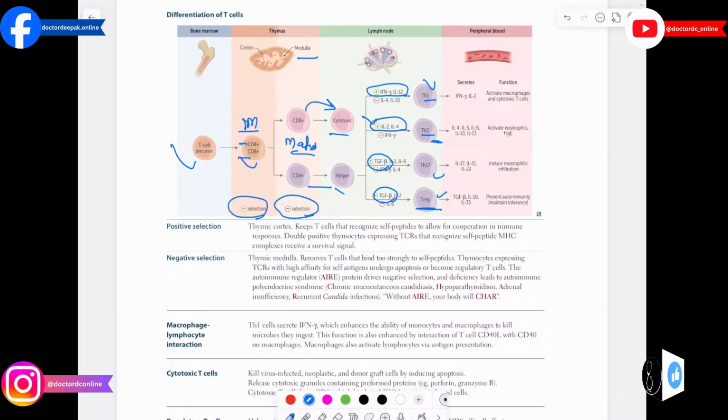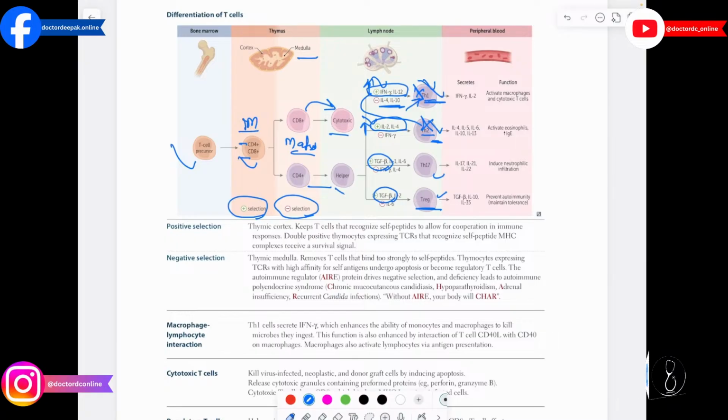But there is one more thing. When there is an increase in interleukin 2 and 4, that will stimulate the formation of T helper cell 2, but inhibit the formation of T helper cell 1. And when there is an increase in the concentration of interferon gamma and interleukin 12, then there will be formation of T helper cell 1, but it will inhibit T helper cell 2.